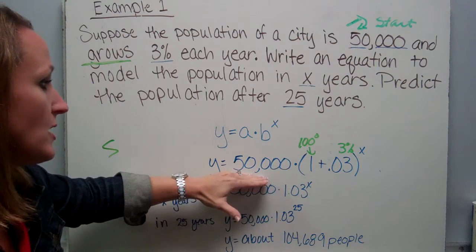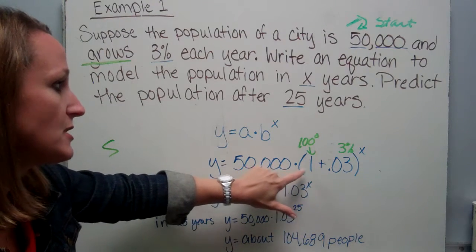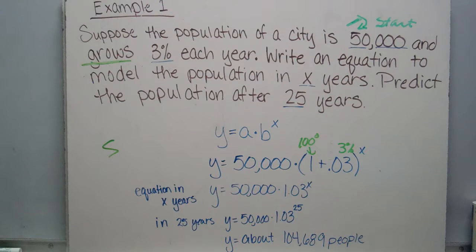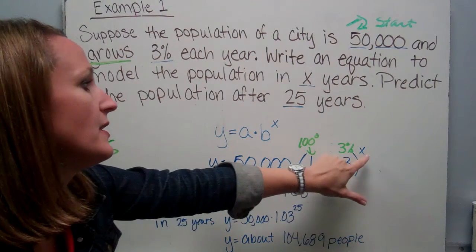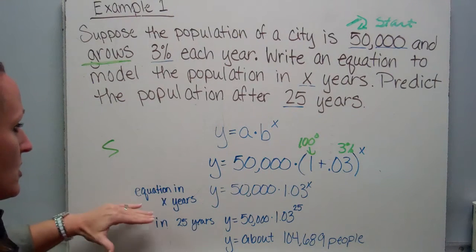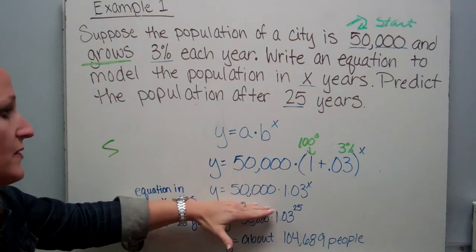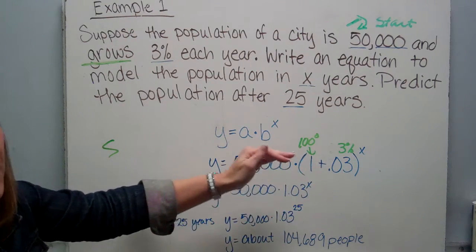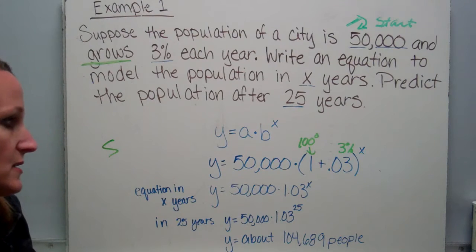So we have our starting value of 50,000 times 1, that's our 100%, plus our growth factor, and then to the x, because we're representing in x years. We don't know how many years. So here's our equation in x years: 50,000 times 1.03, because 1 plus 0.03 is just 1.03, to the x.